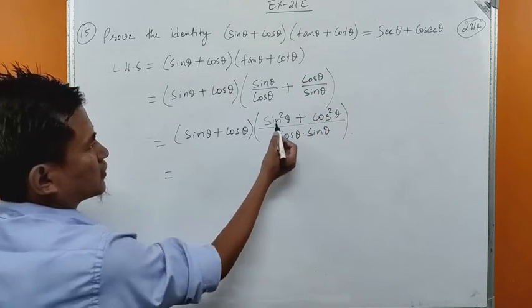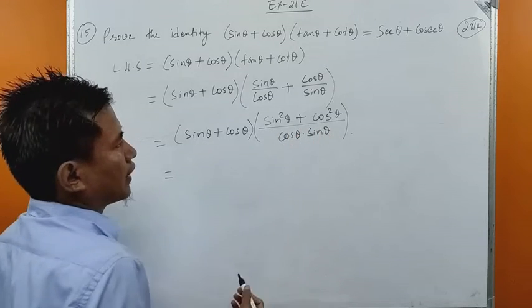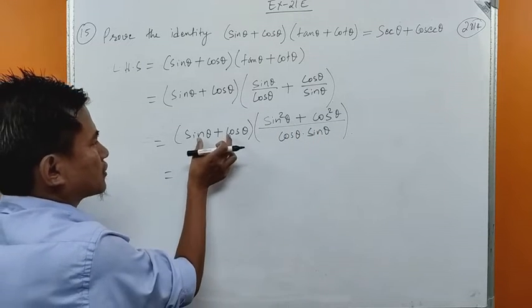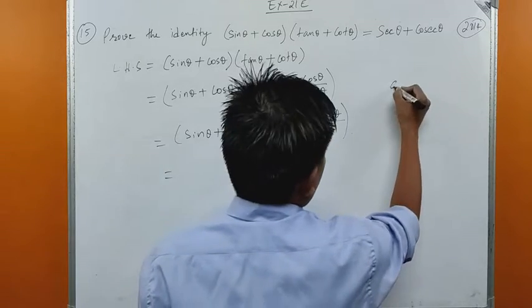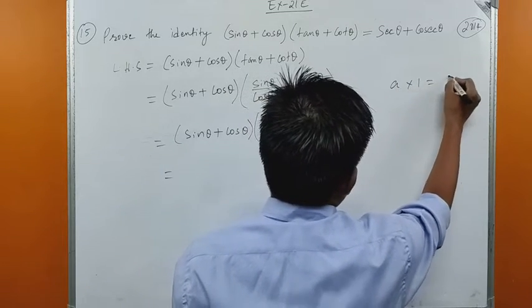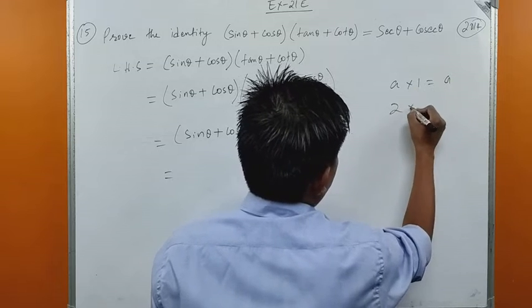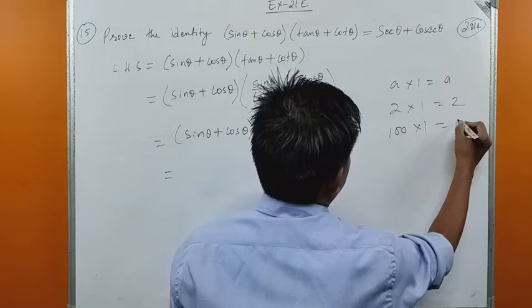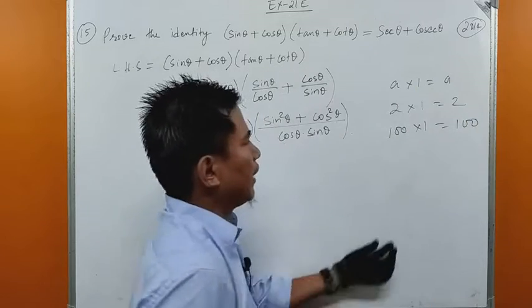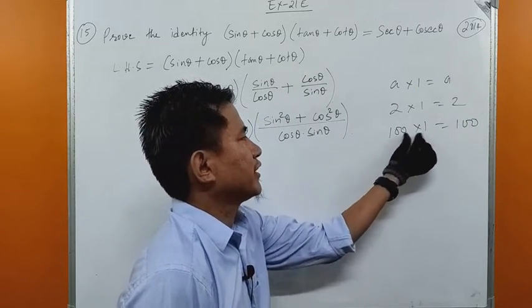Now sin square theta plus cos square theta means 1, isn't it? So sin theta plus cos theta into 1. A into 1 equals a, 2 into 1 equals 2, 100 into 1 equals 100. When we multiply any number with 1, we get the same number.